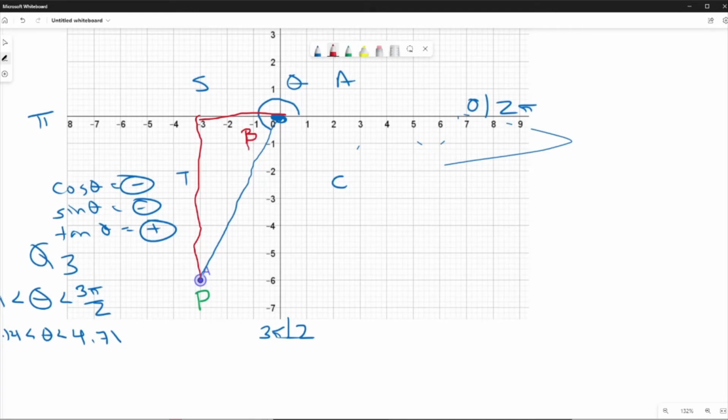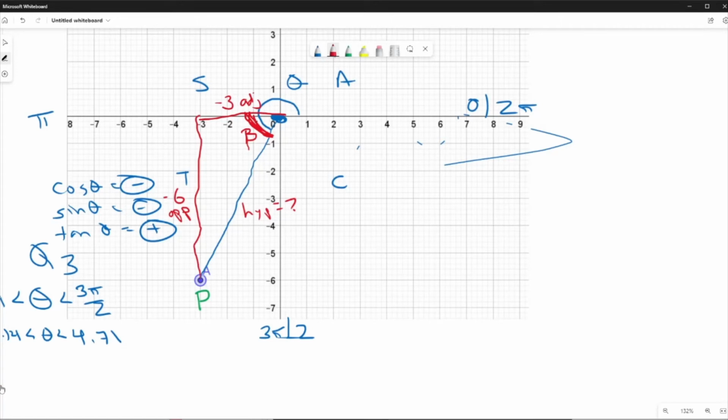Beta is the angle that's inside my triangle, from here to here. Now, if this is true, -3 is my adjacent, -6 is my opposite, and my hypotenuse, I'm actually not sure what my hypotenuse is, right? We should figure that out.